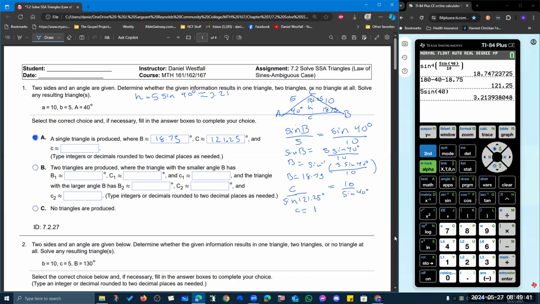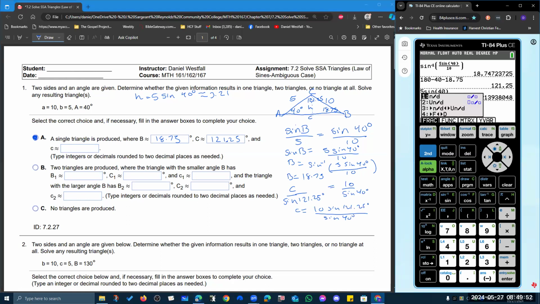So c equals 10 sine of 121.25 degrees over sine of 40 degrees. Let me finish this up before we look at method 2.